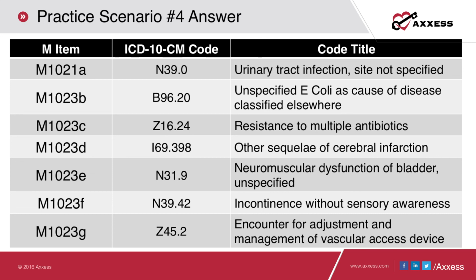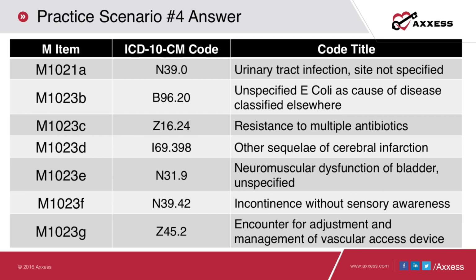And so for that reason, we have N31.9, neuromuscular dysfunction of bladder, unspecified. And then we have N39.42, incontinence without sensory awareness. And we did that because there's guidance for N31.9 that tells you to code any associated incontinence. And that's what we've listed as the last code here.